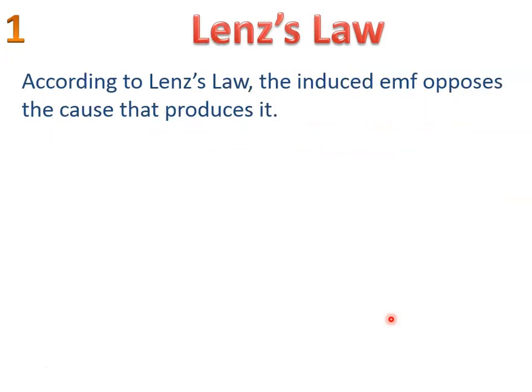Now it is supplemented by another law which is known in the literature as Lenz's law, and according to Lenz's law, the induced EMF opposes the cause that produces it.